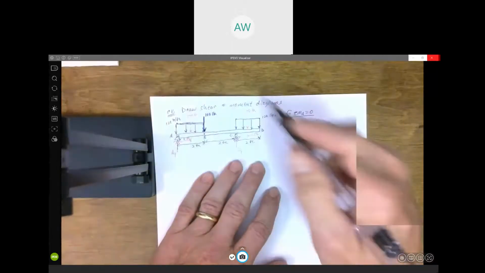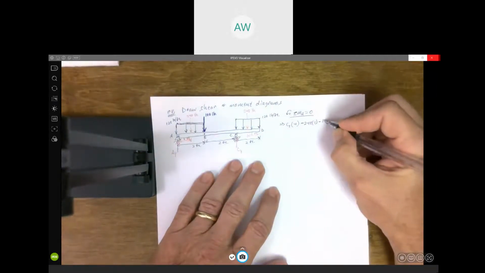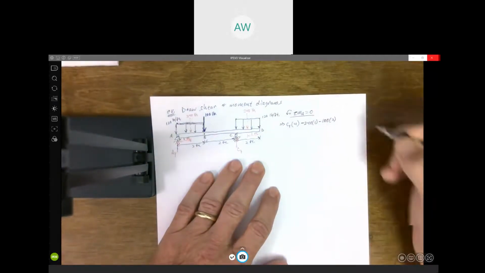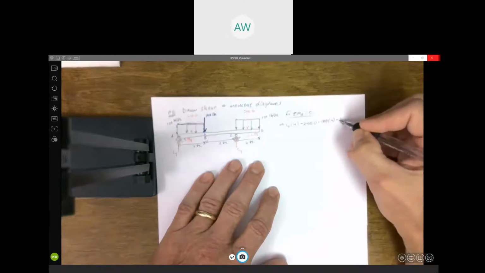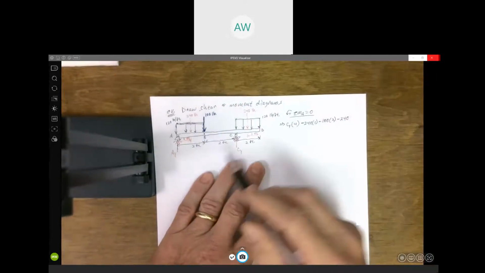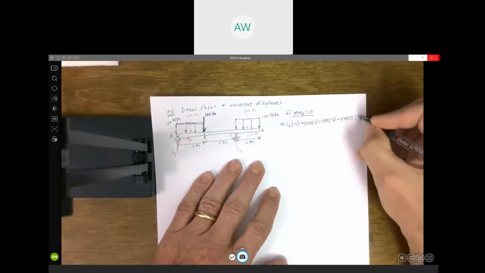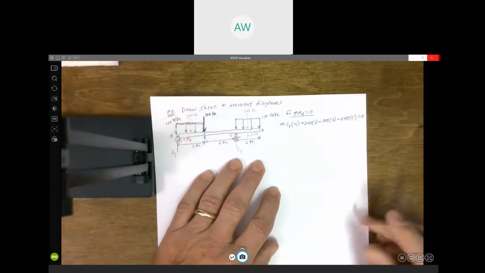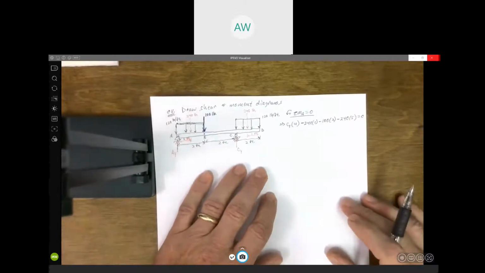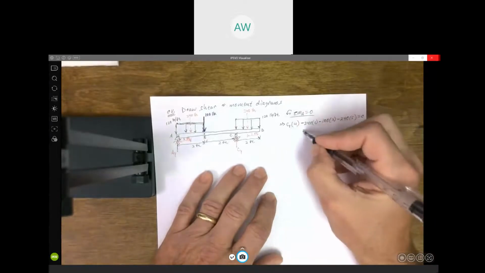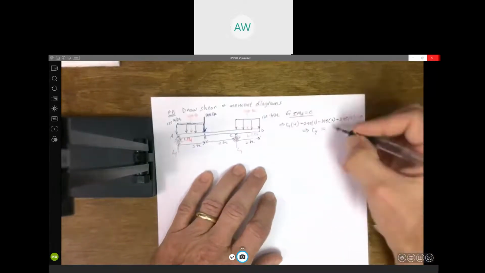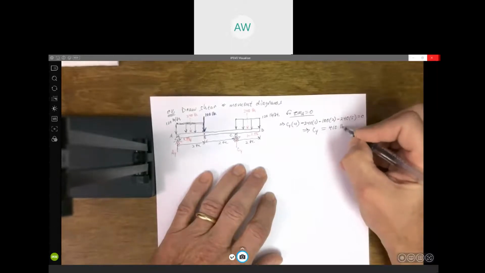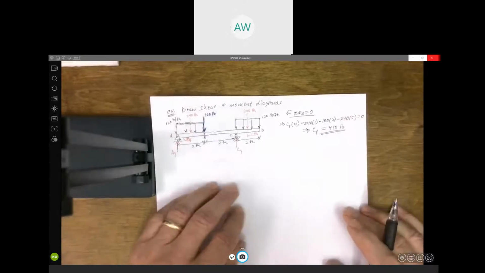We've got the 100 pounds causing a clockwise moment. So minus 100 times 2. And then finally, this 240 pound equivalent force, 240 looks like 5 feet away. And so I think I've got everything. And we solve for CY. And if I did my math correctly, I got 410 pounds for CY.